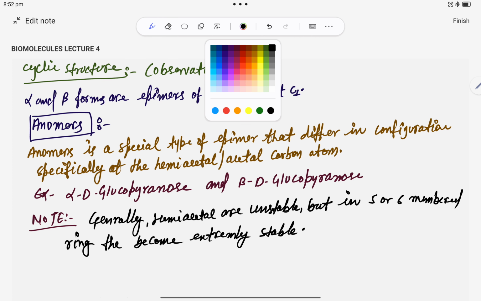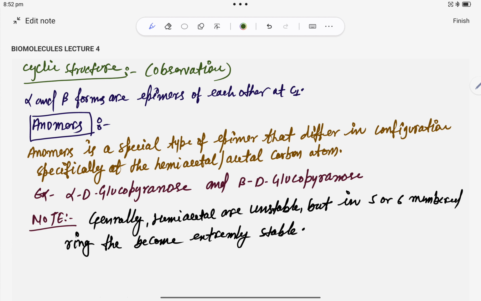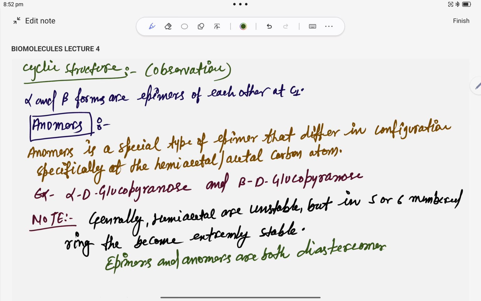Okay, one more line I am writing. Epimers and anomers are both diastereomers. So once again, it's a theoretical portion.